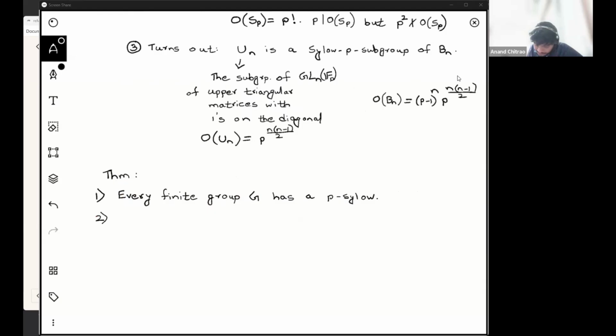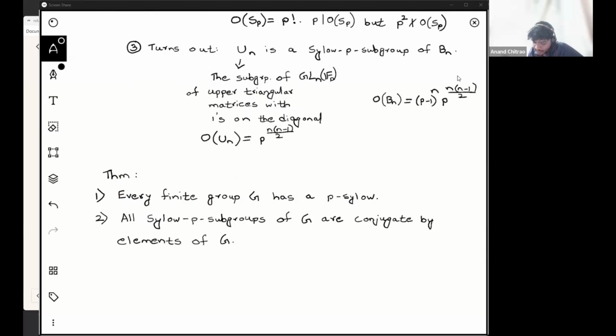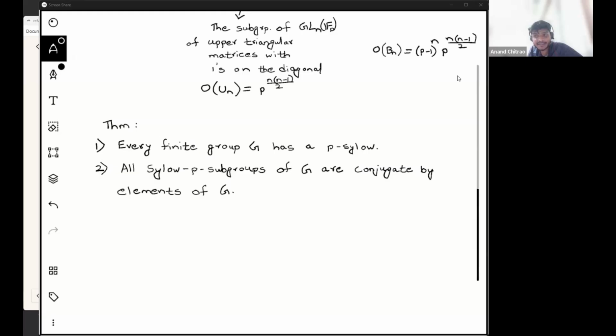Second, all Sylow P subgroups of G are conjugate by elements of G. What does this mean?